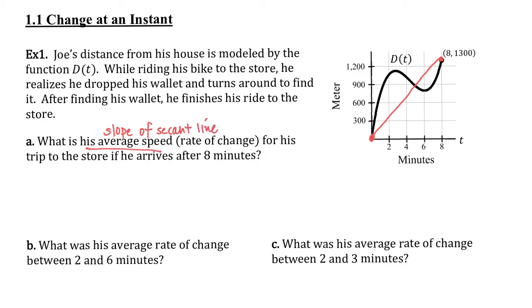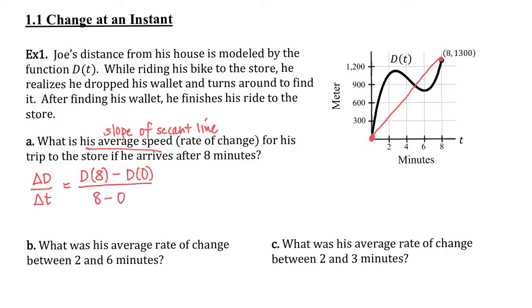Okay, if you remember slope, slope is change in y over change in x. Since this is the graph of d and it's over the time minutes, we're going to call it change in d over change in t, or the change in distance over the change in time. So from 8 minutes to where he started from, that's the change in his distance.